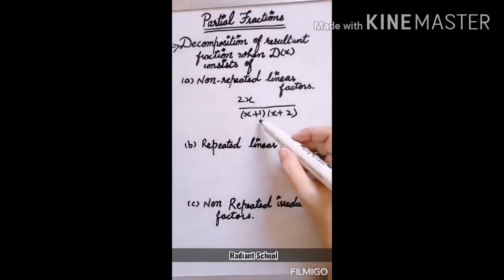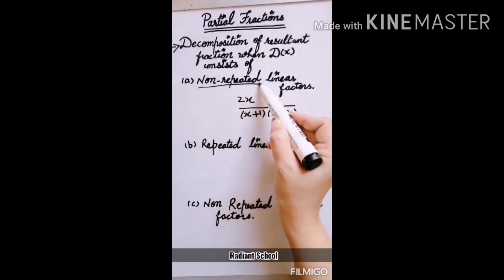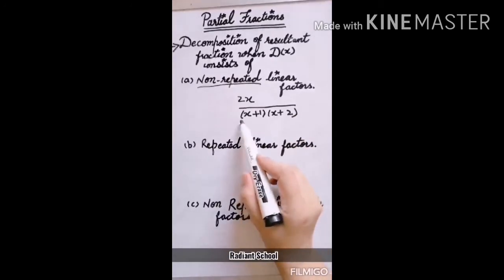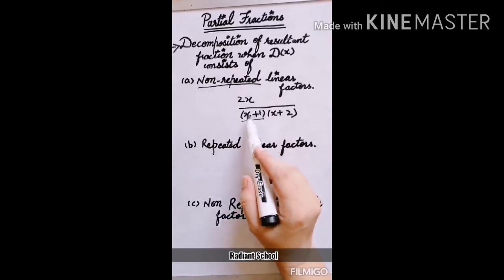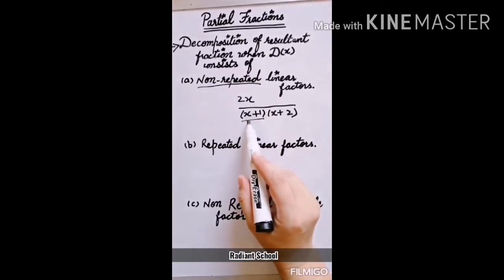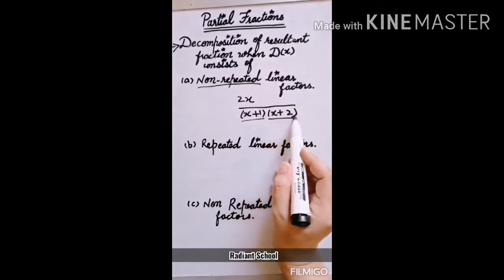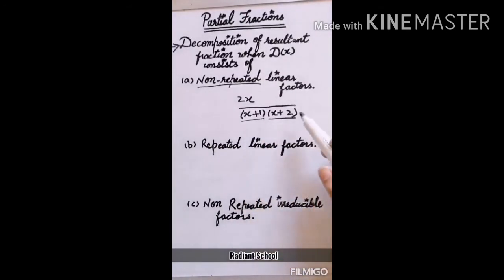You can see all the factors occur one time. All the factors present here are non-repeated. Linear factors: now you have to look at the first bracket. You can see the highest power of the variable involved, x has power 1, so this first factor is a linear factor. In the second factor, you can see that the power involved is also 1, so it is also a linear factor.